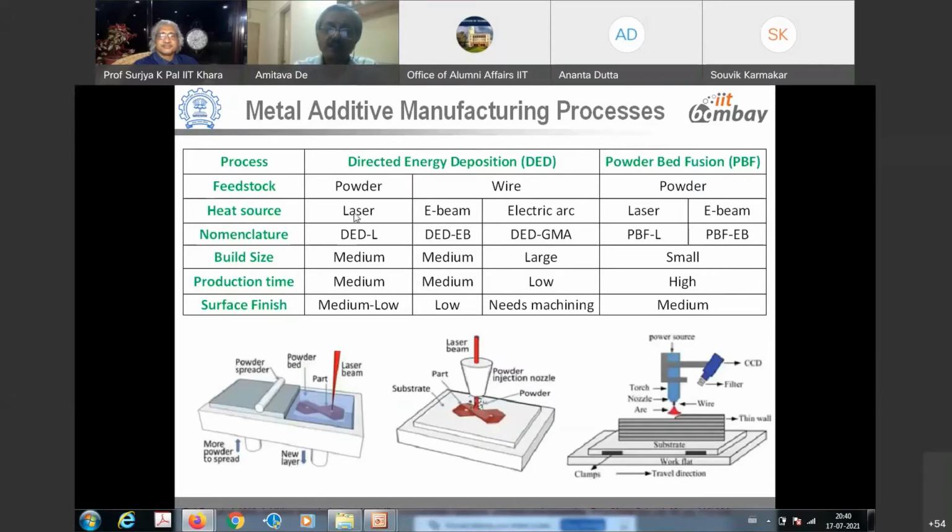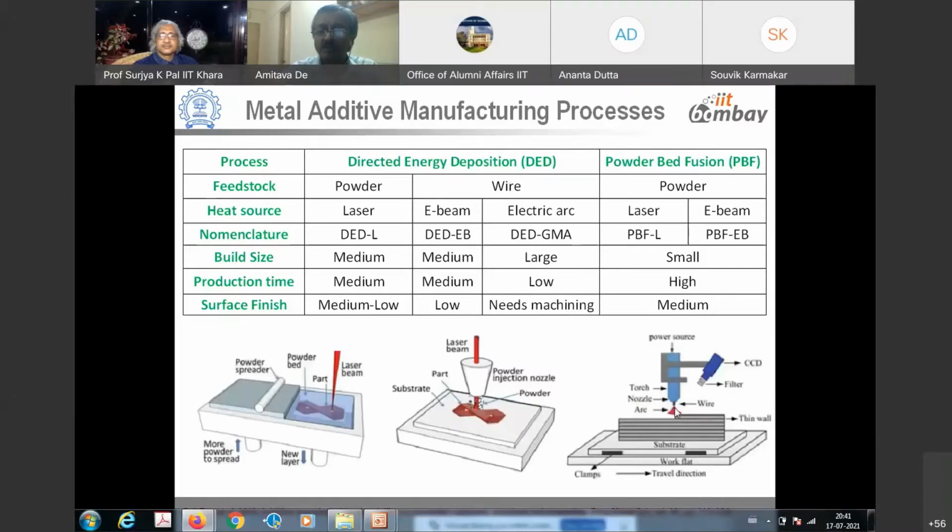So this is given the name of directed energy deposition with L, the laser source. It can be EB, the electron beam source. Alternately, it can also be GMA, like gas metal arc welding or some other gas metal arc source, or a gas tungsten arc source, some kind of electric arc. In contrast to powders, we can also use a filler wire, just like in welding, where we use filler wire.